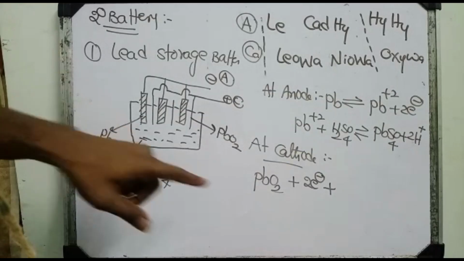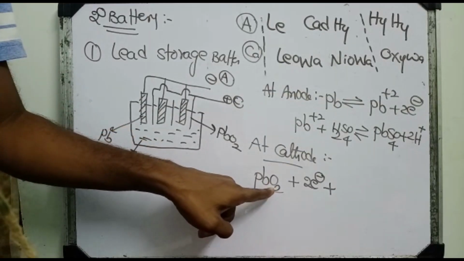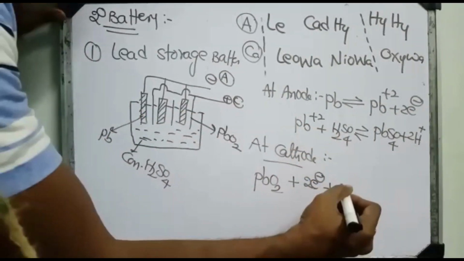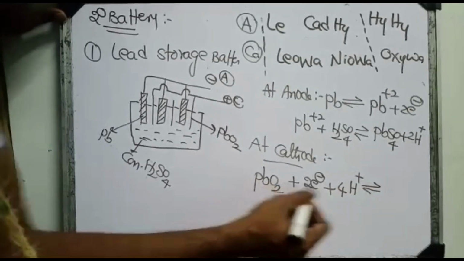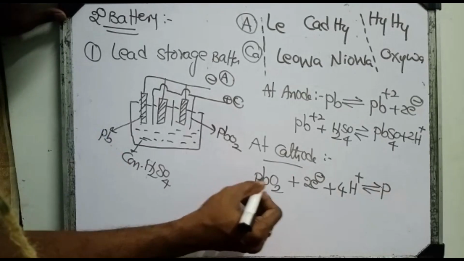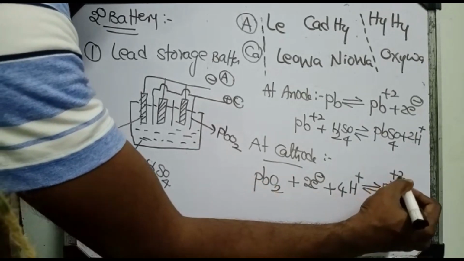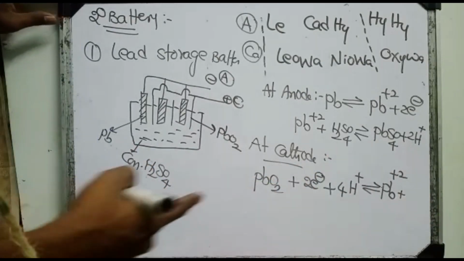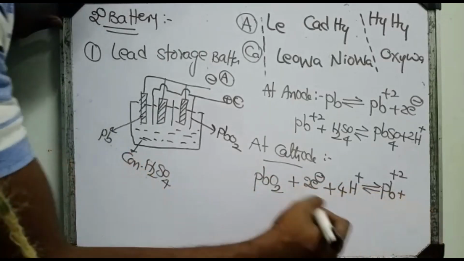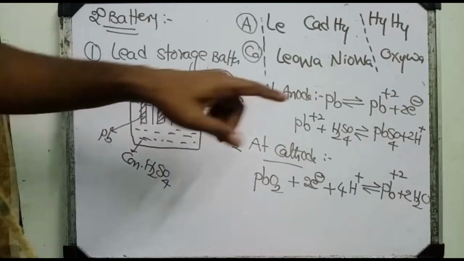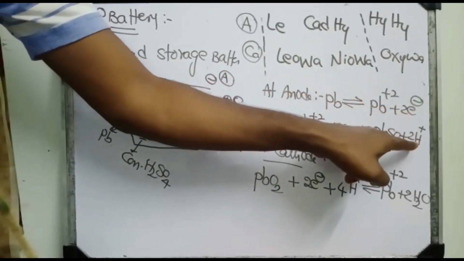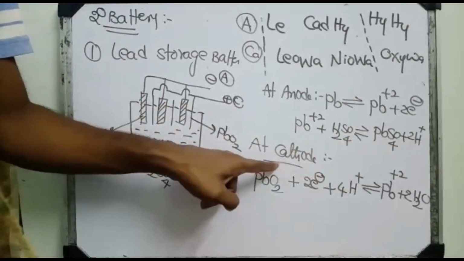Next, you remove 2 oxygens, so we add 4H+. Then Pb4+ becomes Pb2+ plus 2H2O.